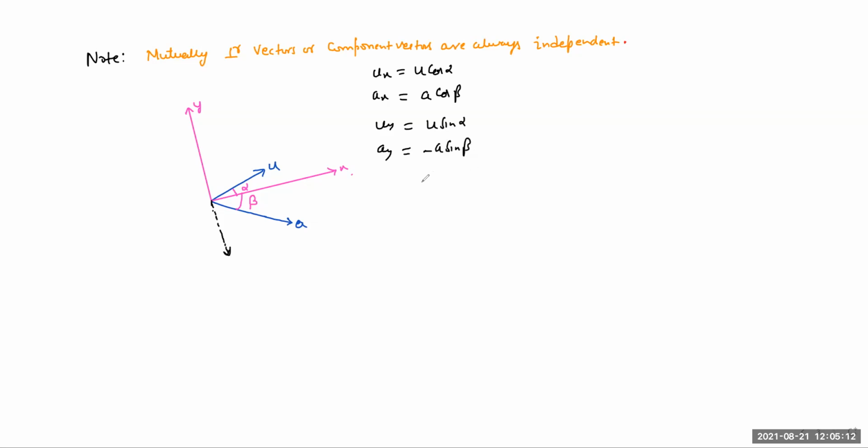So what is the idea? If you look at the three different situations, the idea was you choose two directions which are mutually perpendicular, and then you resolve every other vector. In the first case, the y was coinciding with g, so we resolved u.